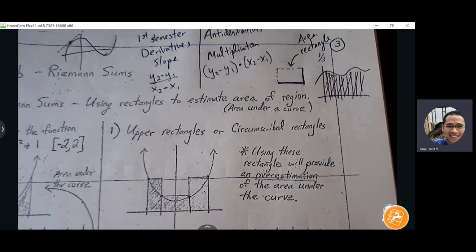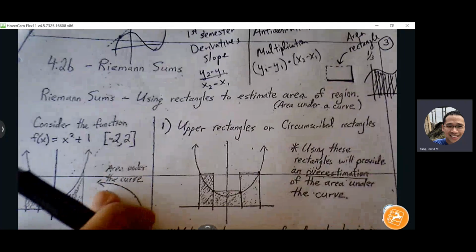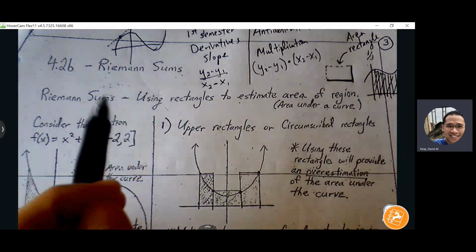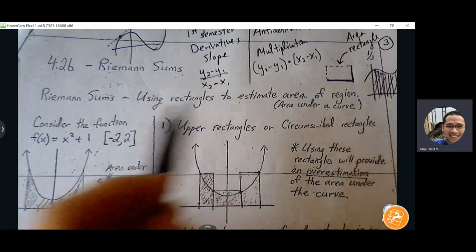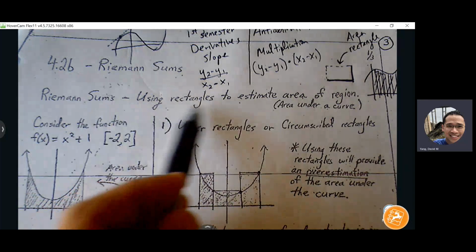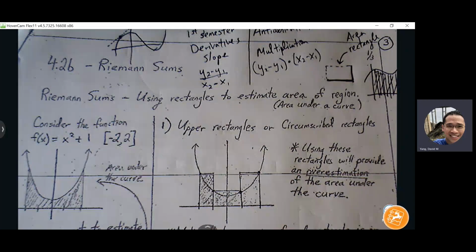Okay, so today is all about approximation, and these rectangles that we're going to use to approximate the area under the curve are called Riemann sums. Okay? And there's different ways that we can draw rectangles to produce approximations.